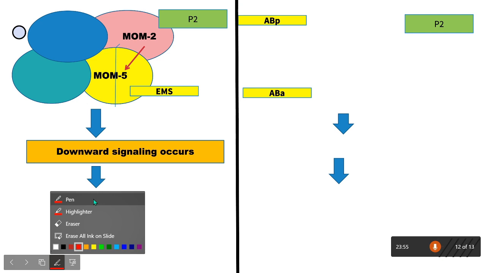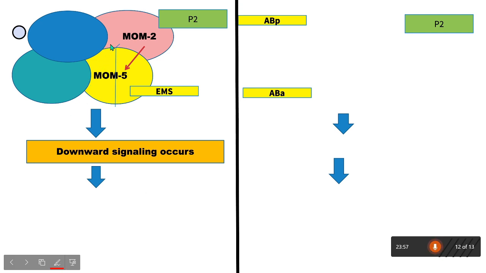Everywhere POP1 is present, equally distributed, before that signaling cascade occurs. This is the condition. But once downward signaling occurs, POP1 is getting inhibited on one side.